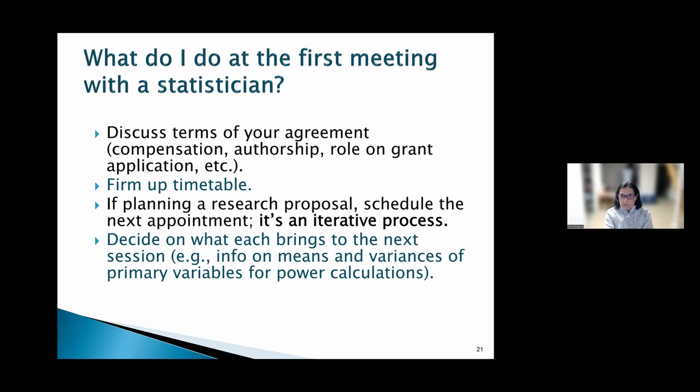It's going to take several meetings if we are working with you on a grant. Going back and forth, we might calculate the sample size 2 or 3 times, depending on how the grant evolves. So you have to be patient and you have to understand that this is not going to happen in 1, 2, 3.